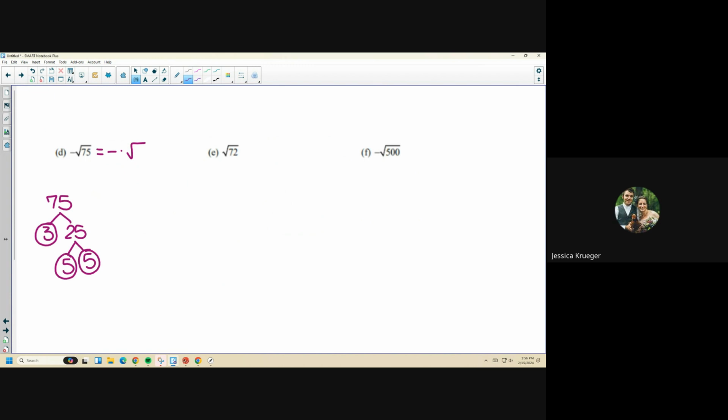So I can see I've got a pair of 5s. So I'm going to rewrite that as square root of 5 squared. And then there's still this 3 left over. Now I've taken care of all of my factors. Square root of 5 squared is just 5. So this is negative 5 square root of 3.